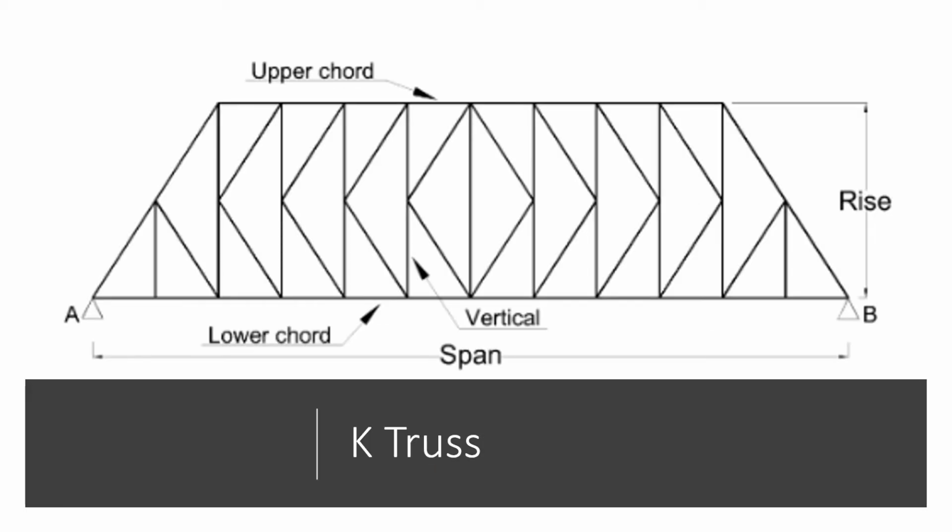Here is another type of truss, K truss we call it. Okay, so many members inside this type of truss. We have vertical, diagonal, upper chord, lower chord.